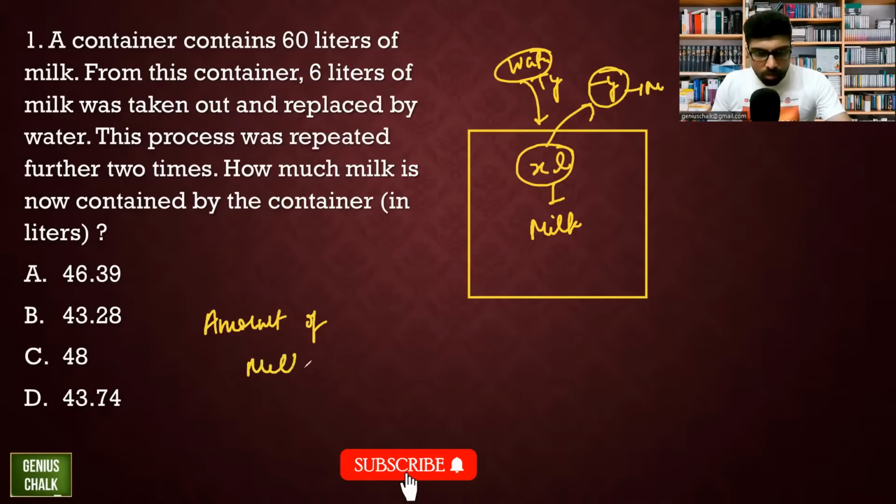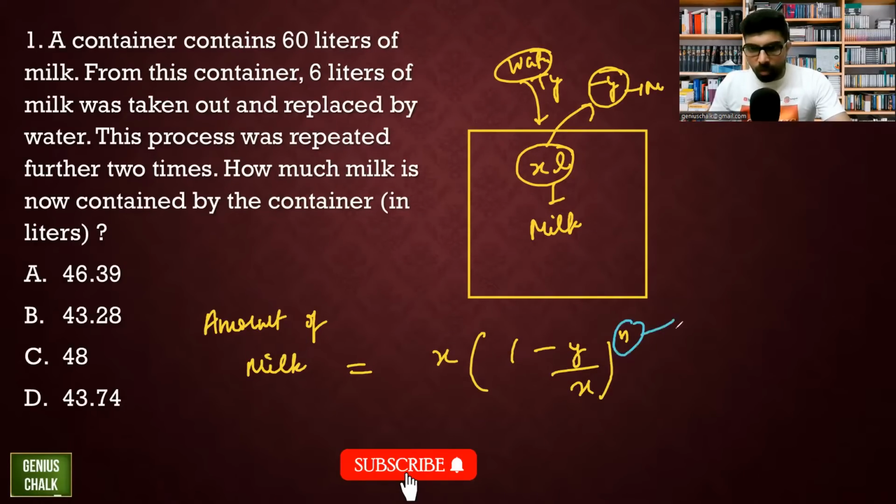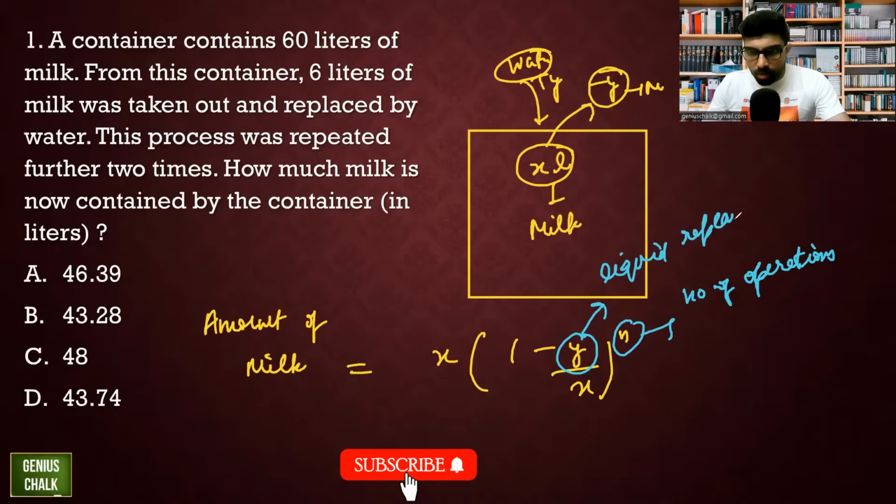Amount of milk left is, total was X, and it is 1 minus Y by X to the power N. This N will be the number of times this operation is performed, number of operations performed, okay. This Y will be the amount of liquid replaced and drawn, because its quantity will be same.